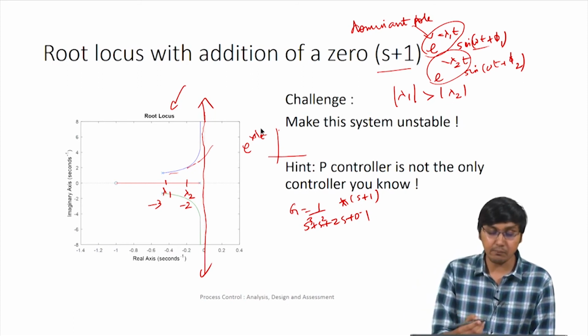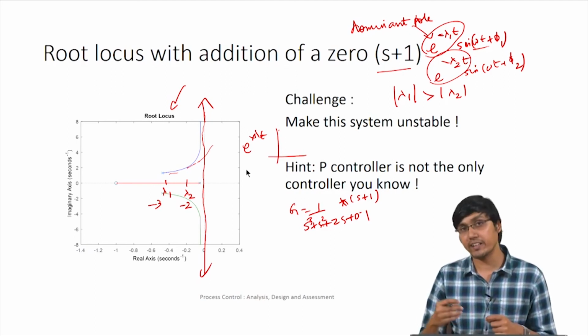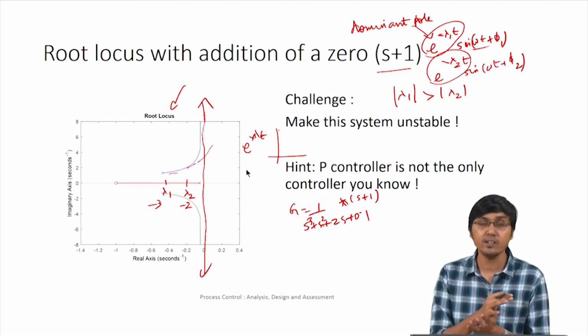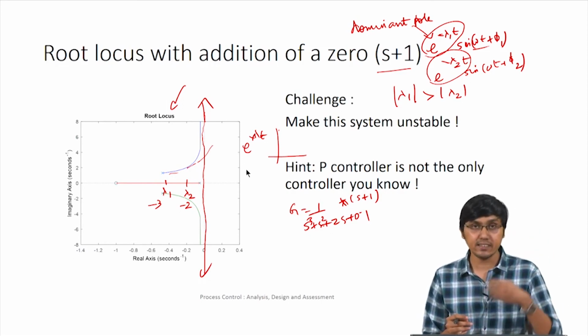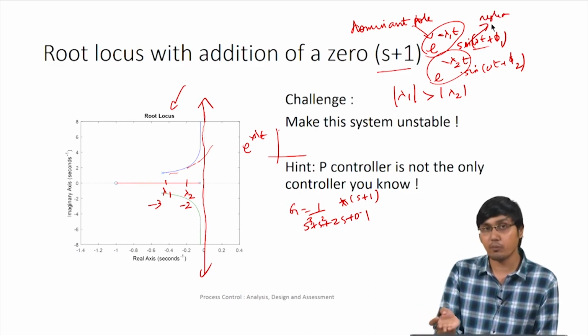For the same time, e power minus lambda 1 t would be a very small value when compared to e power minus lambda 2 t. Lambda 1 is going to pull the value down so fast as time increases, so this is going to die down fast. So when compared to lambda 2, lambda 1 we can neglect. So lambda 2 is the dominant pole.